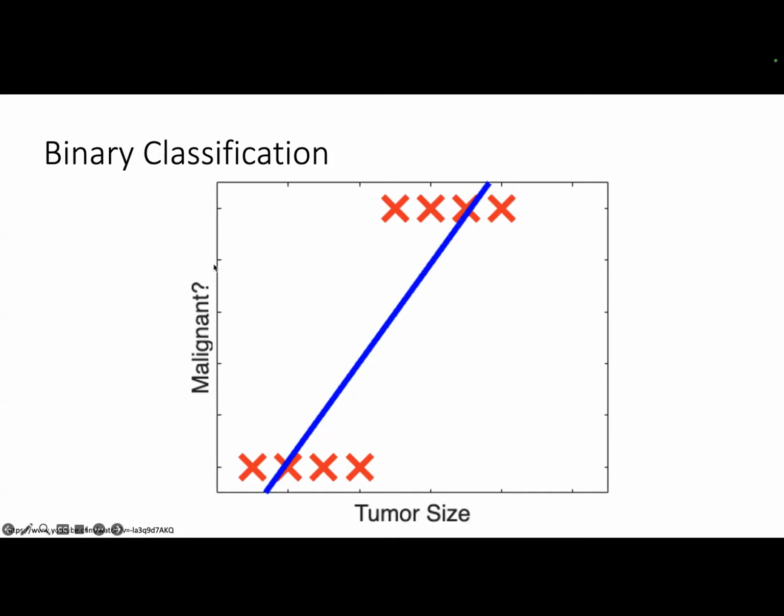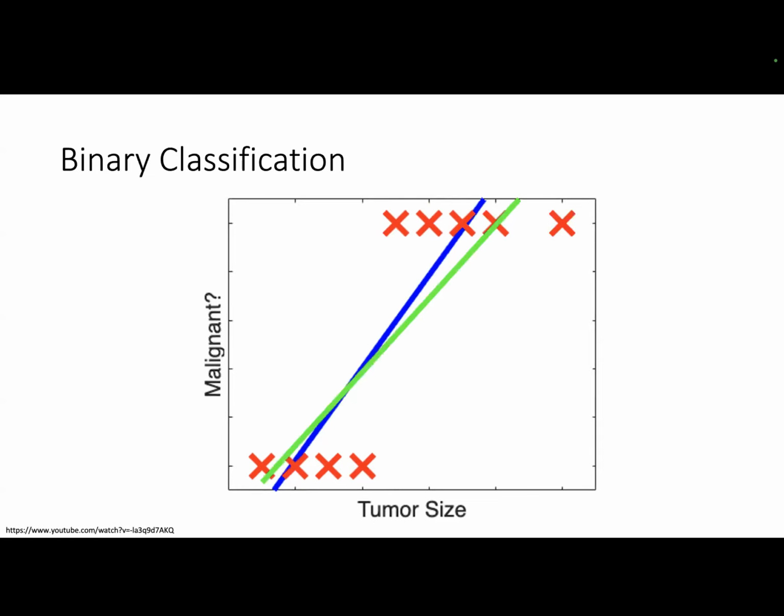Ang sinasabi ng model ay meron siyang 70-80% na probability na malignant siya. Okay, so pwede natin gamitin ng linear regression but it's not really exact. Okay? For example, pag nagdagdag tayo ng data dito, okay, ang manggagawin ng linear regression is this. Okay, so ngayon, yung interpretation natin for this ay mag-iiba na, bababa na, di ba? Interpretation natin for this tumor size, mag-iiba na rin yung value dahil lang nagdagdag tayo ng data point.